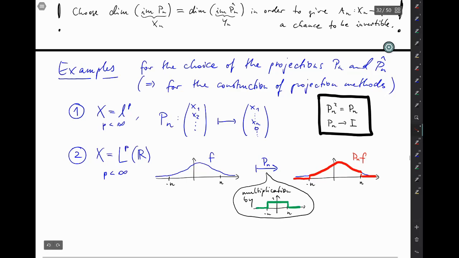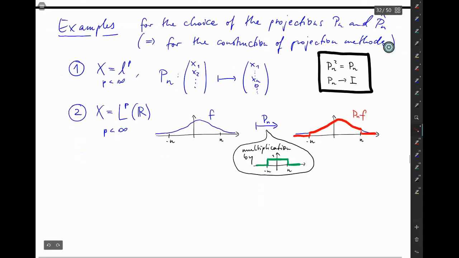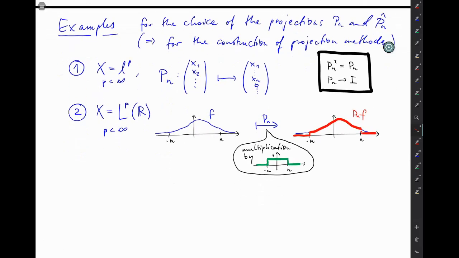In the second example, the image of Pn is still infinite dimensional because, well, in this interval from -n to n, there's a lot of data to be stored, and we discussed this even for continuous functions, that the dimension of a finite or of a bounded interval is infinite. So even more so when you give the functions more freedom here.